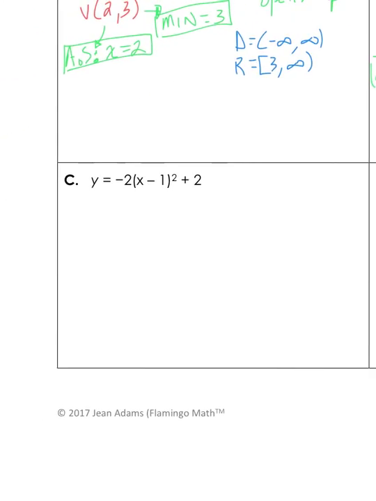For C, C's got everything you can imagine. So let's just start with the easy part. Right 1, up 2. Because A is negative, I know that it opens down.